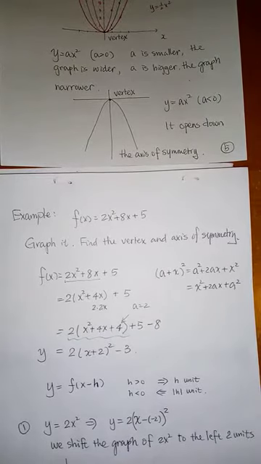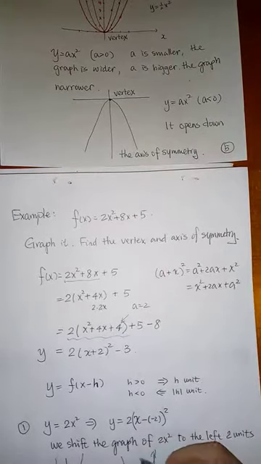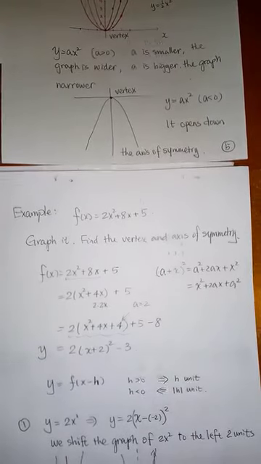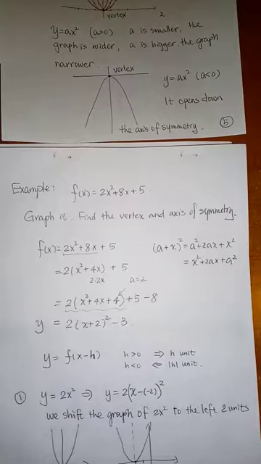So you have this first process, and move to the left 2 units, 1 unit, 2 units. So the axis of symmetry is also shifted to the left 2 units. It becomes negative 2. Move to the left, it's minus, it's negative. Move to the right, it's a plus. Okay?